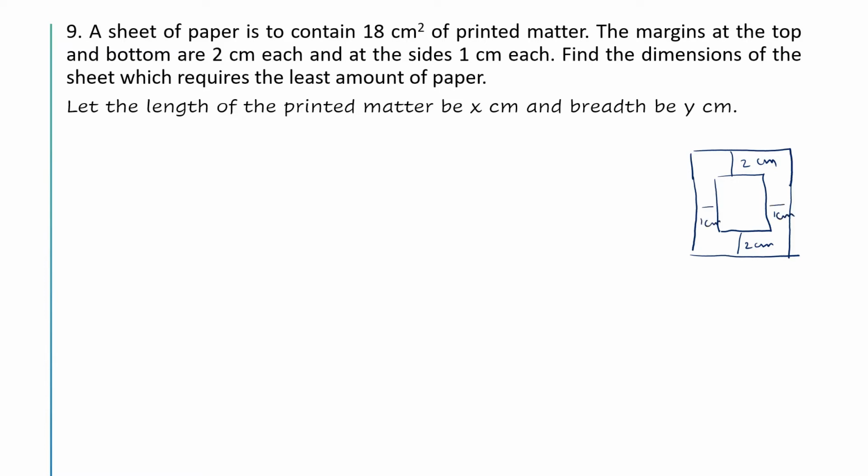So we have taken the length as x and the breadth as y, and it is given the area of the printed matter is 18 centimeter square. Which means x into y is 18. From that we can have y in terms of x.